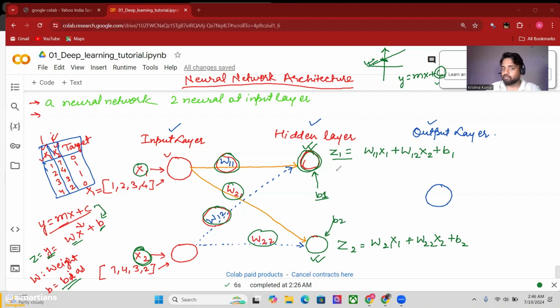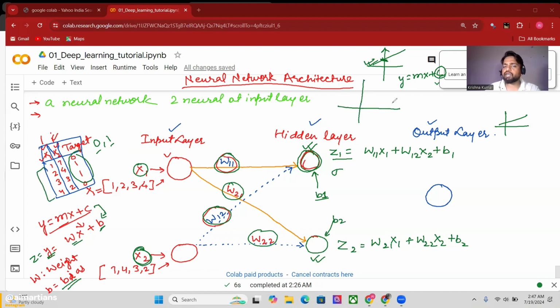Now this equation of line is a simple straight line, but we have two classes in the target, 0 and 1. See, there are 0 1 1 0. If I ask how many unique values are there, you will say 0 and 1. That means there are two classes. Let's say we have 4 data points.